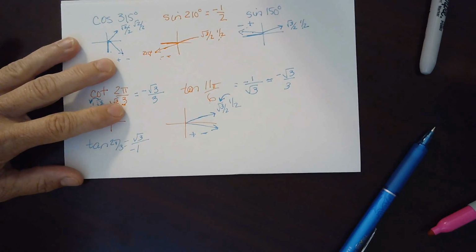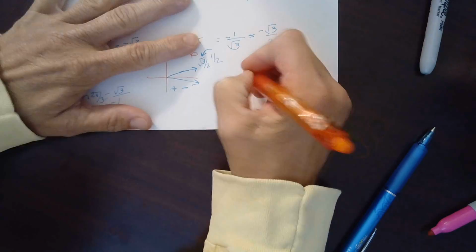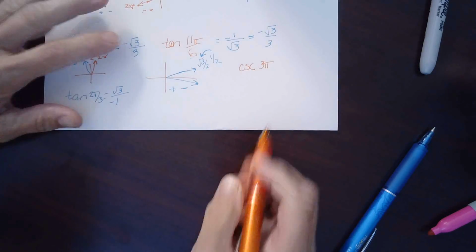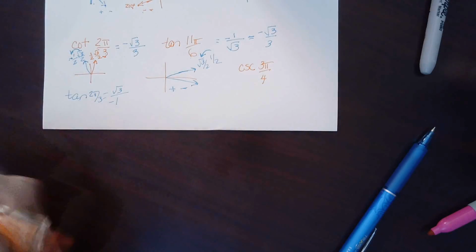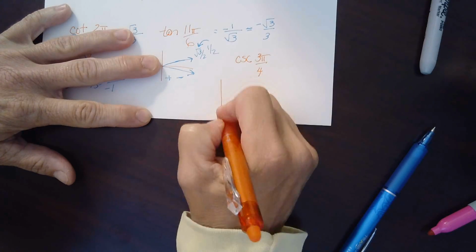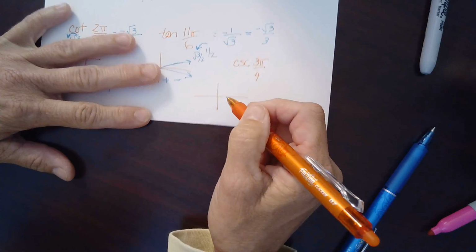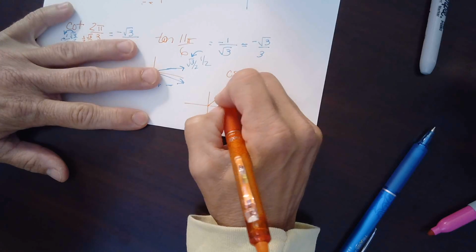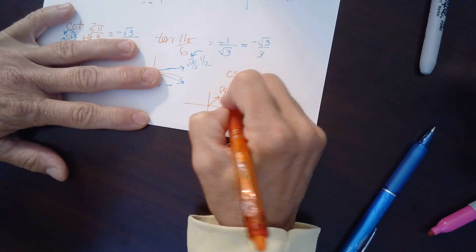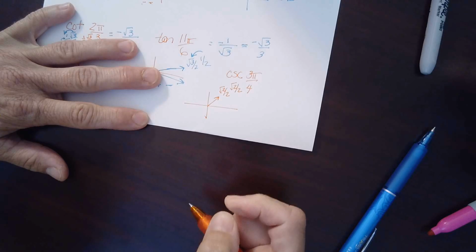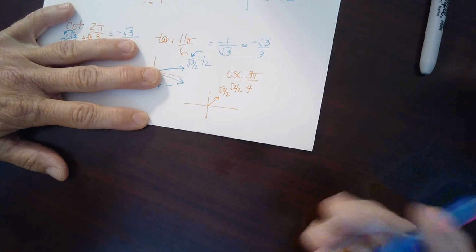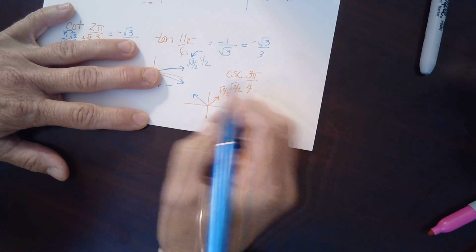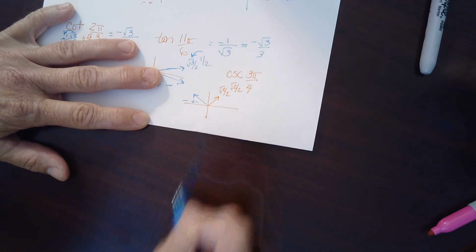And then finally, what's our last one? Cosecant of 3 pi over 4. Cosecant of 3 pi over 4. All right, so I know I'm working with the pi over 4 family. I like that because the ordered pairs will always be square root of 2 over 2, square root of 2 over 2. 3 pi over 4 is going to be in quadrant 2, and signs are negative, positive.